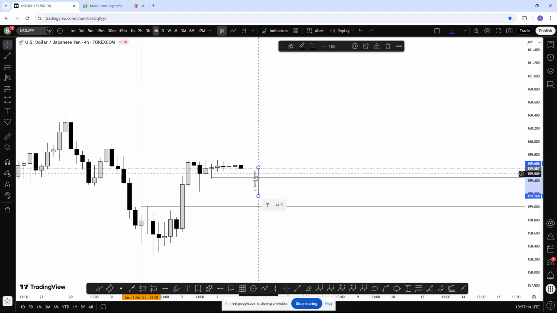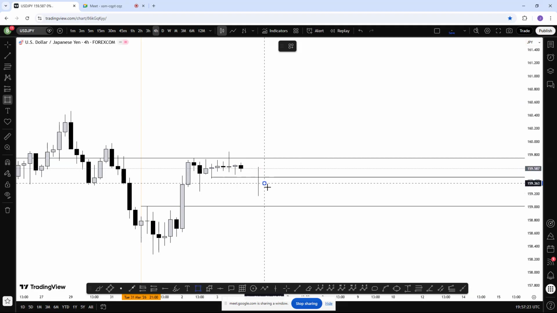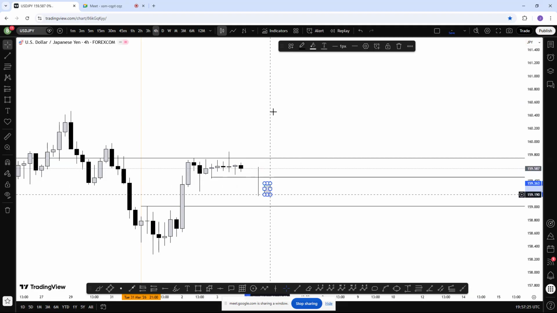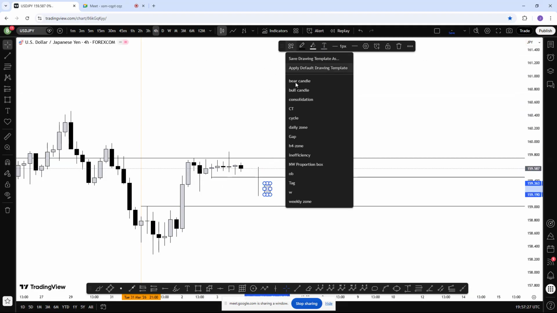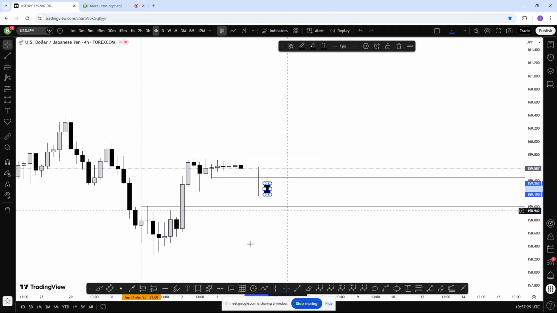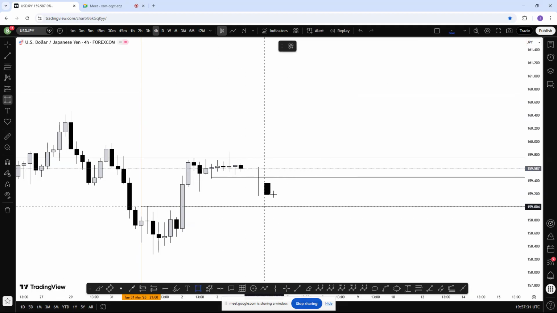So what I do is, when price is done taking this liquidity and I see a 4 hour confirmation. Well, confirmation is when I see something like this, for example. This is a bearish candle. This is a bearish candle. Then I see another bullish candle forming.